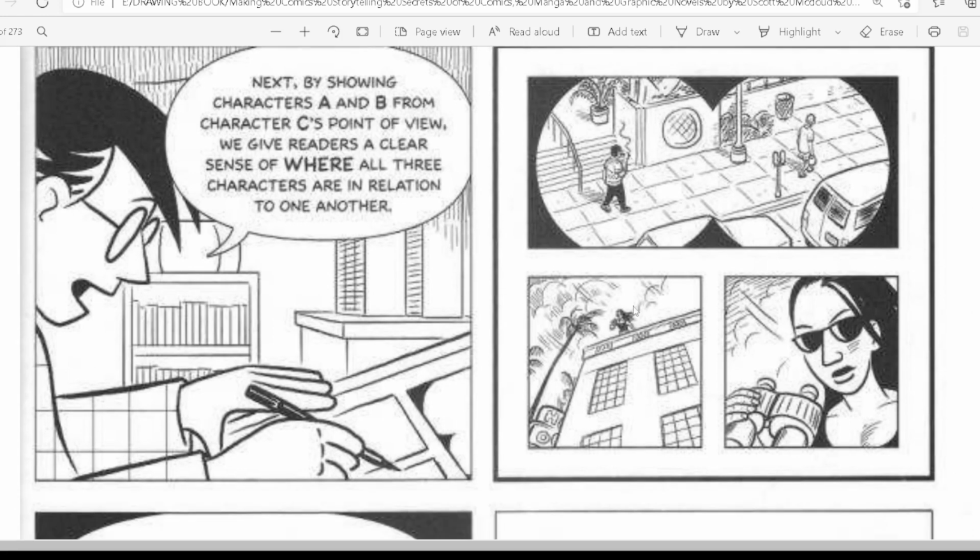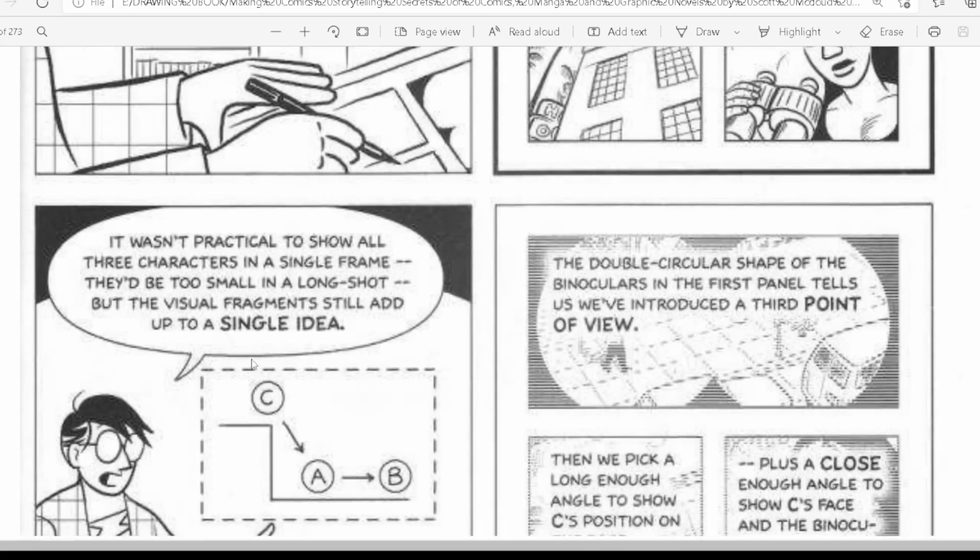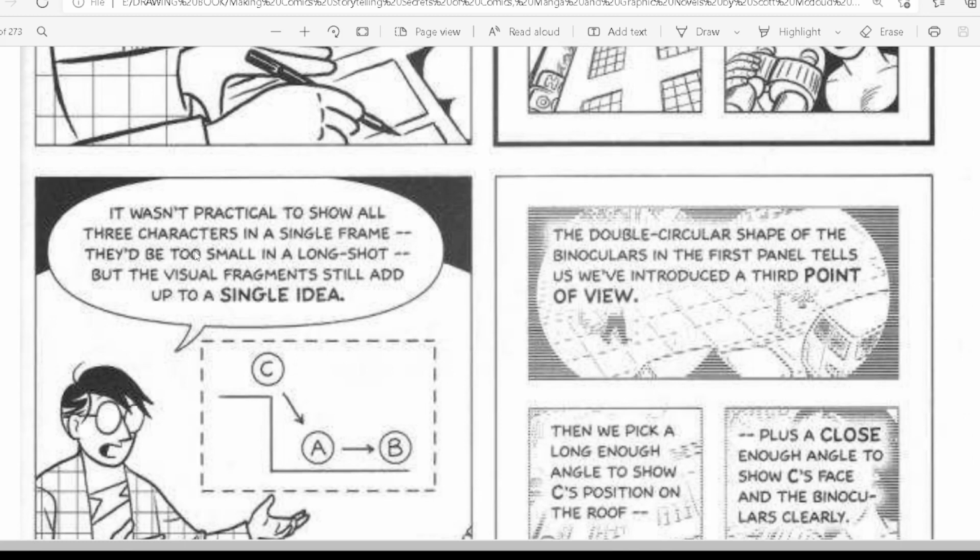It is how we can recognize all the characters A, B and C. It was not practical to show all three characters in a single frame. They would have been too small in a long shot, but the visual fragments still add up to a single idea.